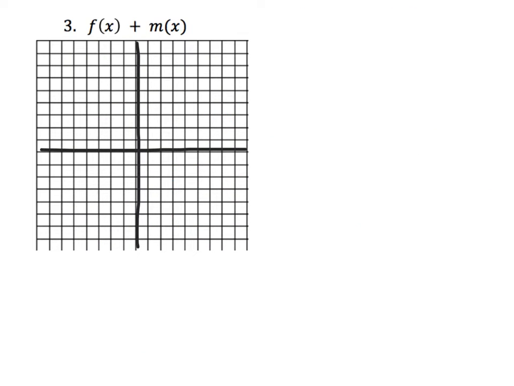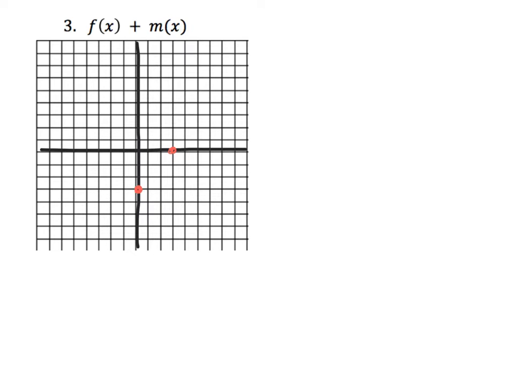Okay, I'm over at number 3. So I'm going to do the same thing again, where I'm going to sketch in the two graphs. So f of x, I'm going to do that one in red. So f of x started at a y value of -3, so I'm going to start right there, and then it crossed the x-axis at +3, and I'm going to try to create a nice straight line through there.